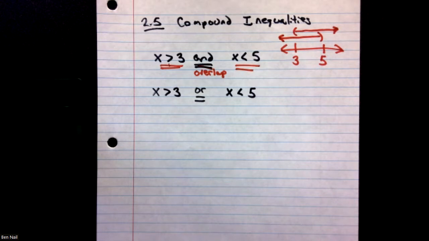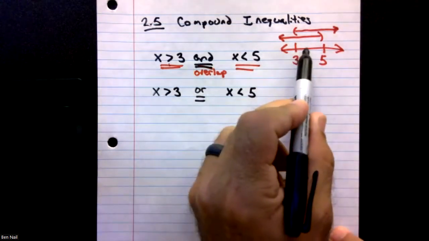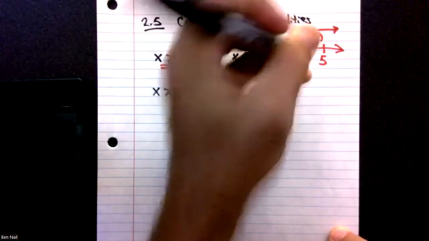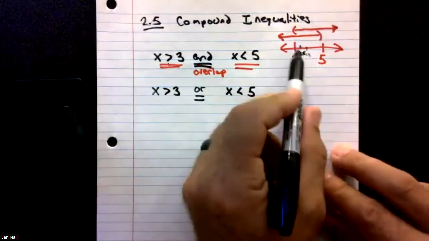So the only numbers that satisfy both, the overlap, are those right there in the middle. So numbers bigger than 3, like 4 or 3.5, something like that. That's bigger than 3, but also smaller than 5.